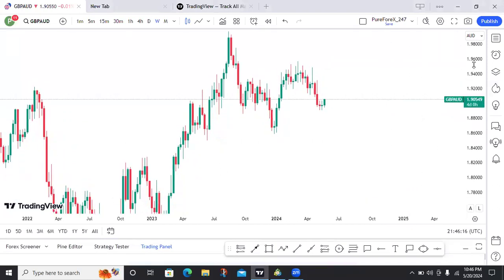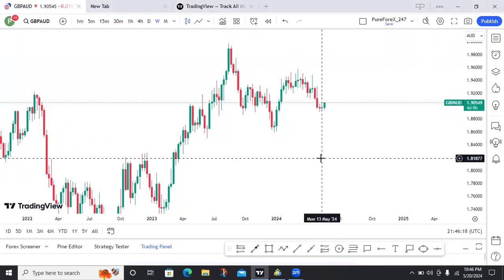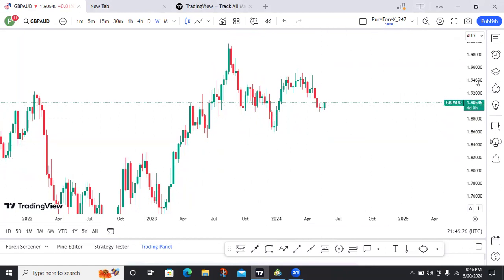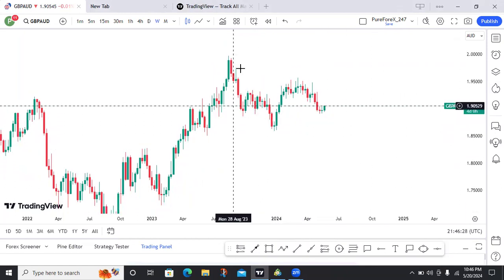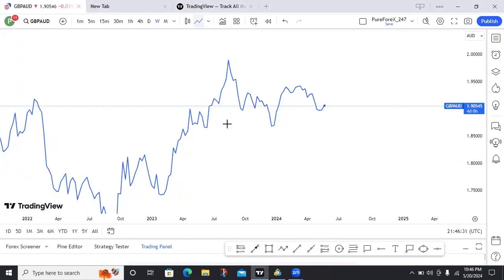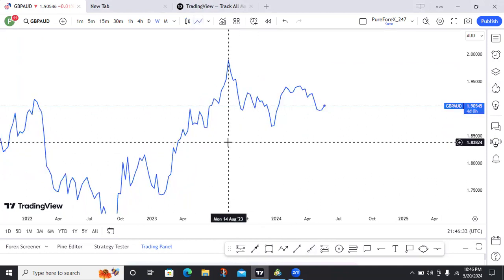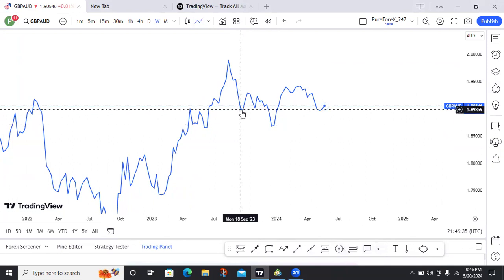So now, can we identify a setup here from the weekly time frame? Can we identify the structure from the weekly time frame? What can we see? For me, I am seeing what we call a Quasimodo continuation. So let's go to the line chart, guys. Sorry about that. So this is a line chart.